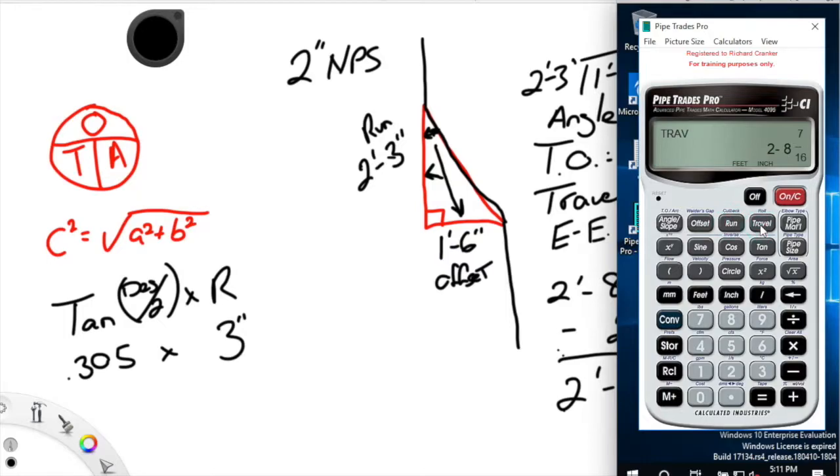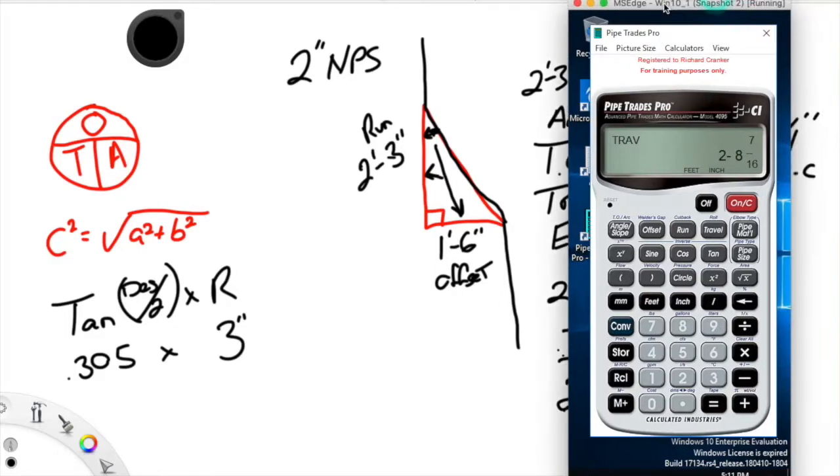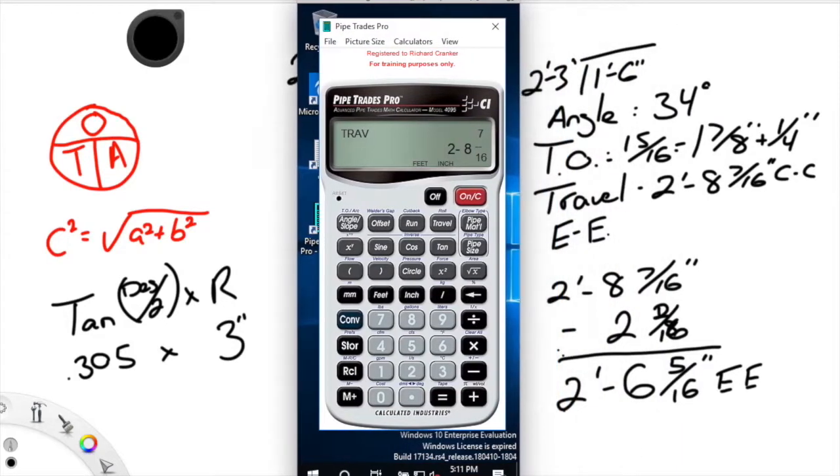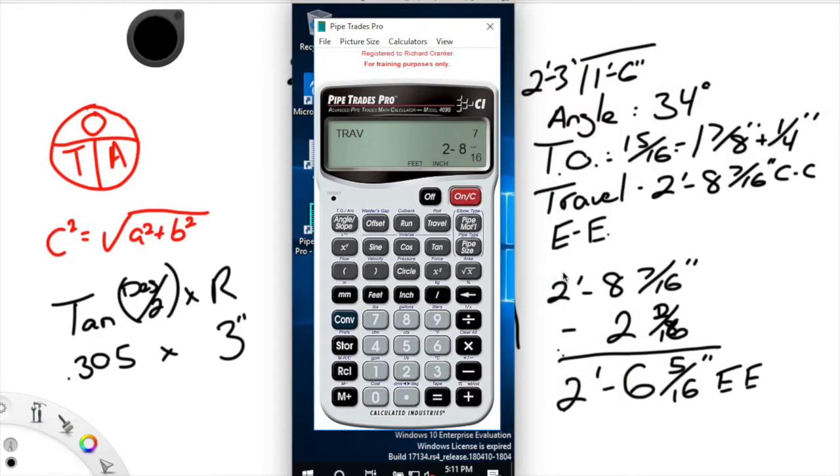Our travel is 2 foot 8 7/16. Let me slide this over so we can see what we got here. See that? 2 foot 8 7/16. We got a cut length of 2 foot 6 3/8.